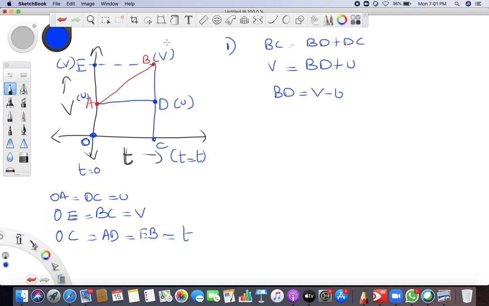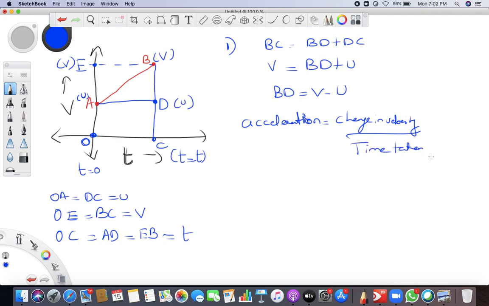BD is equal to V minus U. Now we said acceleration is equal to change in velocity upon time taken.